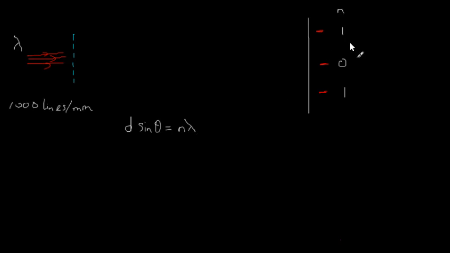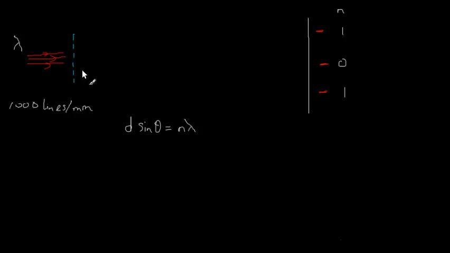If I take n to be 1, the first order fringe, I would have to find d and theta. D we can find from this information: just take 1 mm, divide by 1,000. Theta we would have to actually measure.